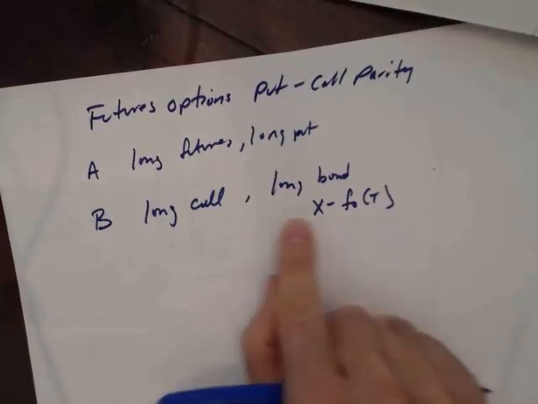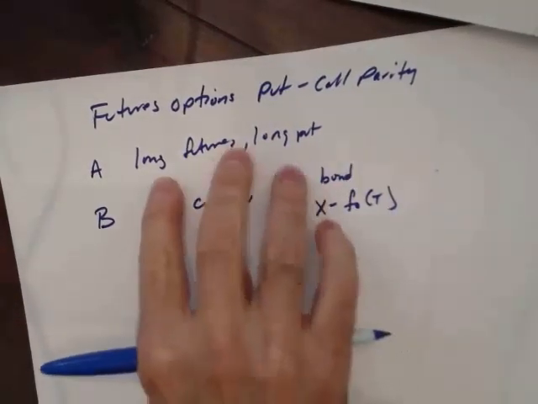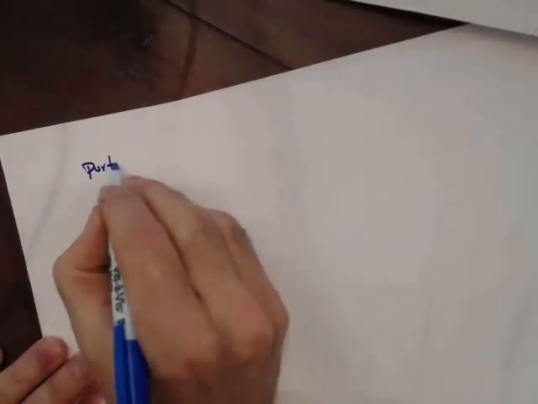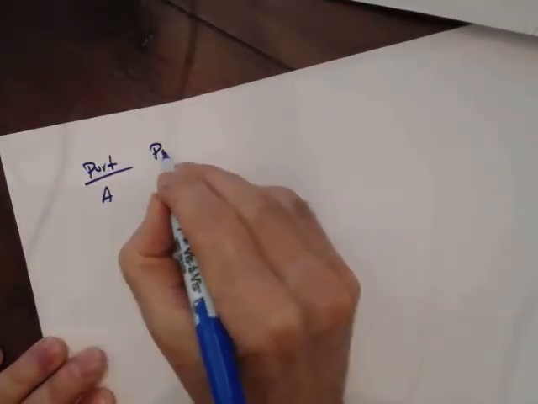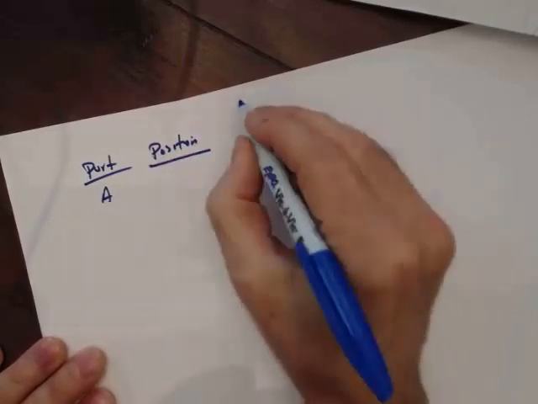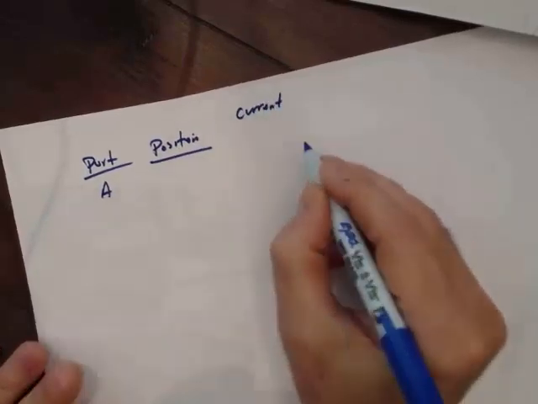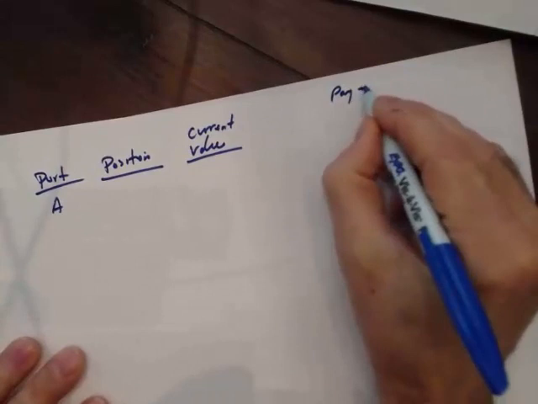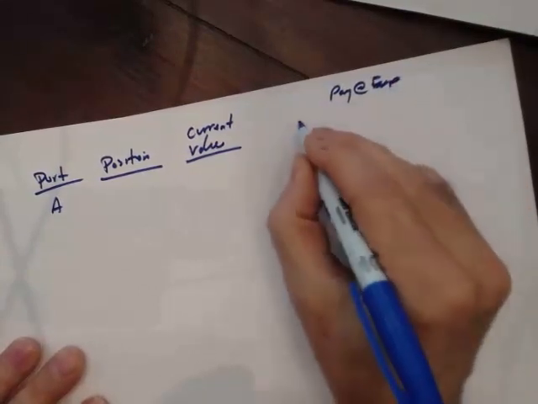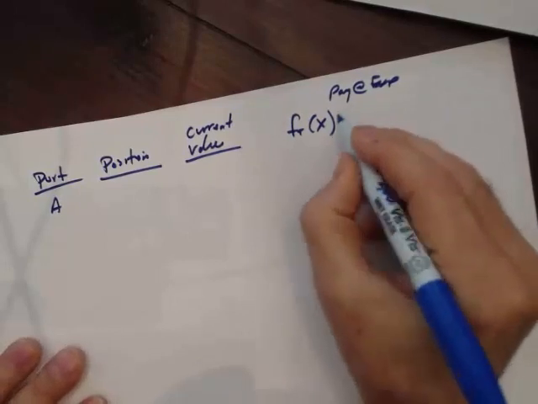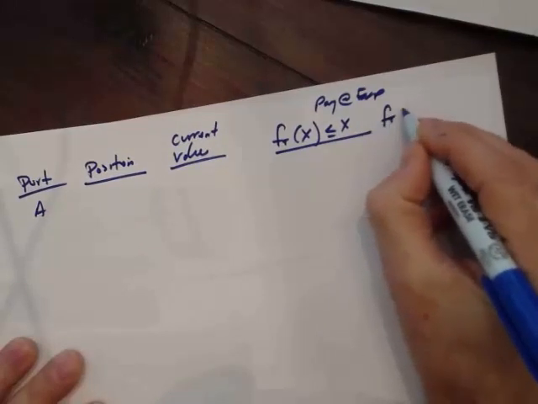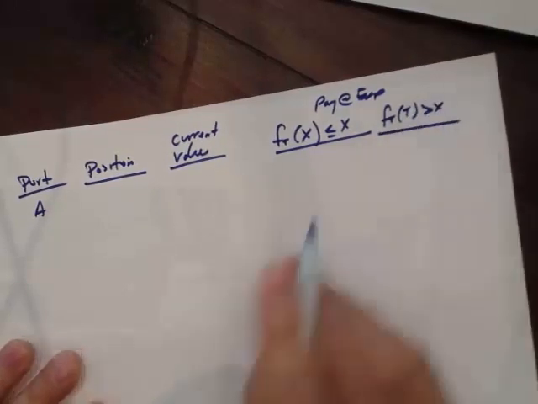Okay, so let's build a table on that. We're going to look at the current value of these portfolios in each one of these instruments and the payoffs at expiration and see what we can deduce from it. So portfolio A, we're going to have the position, the current value, and then the payoffs at expiration, when the futures price at expiration is below or at the strike, or above the strike.